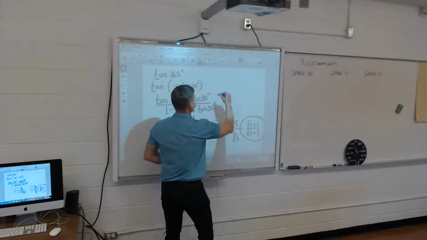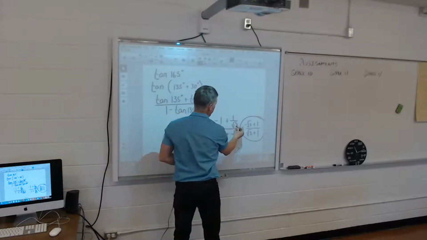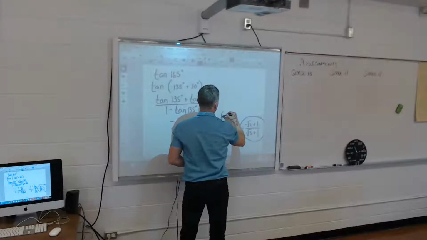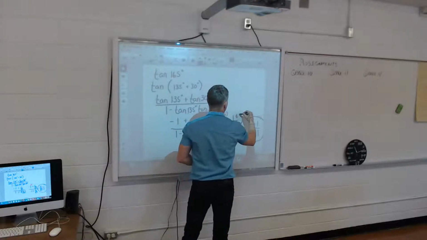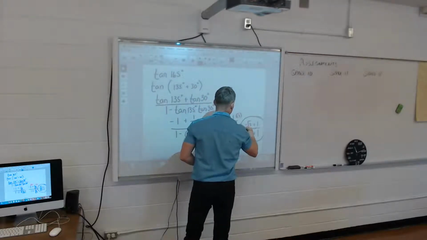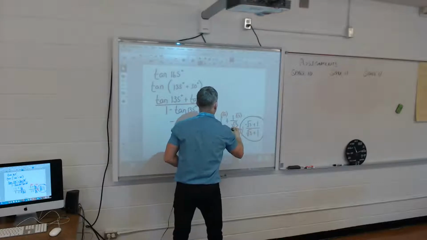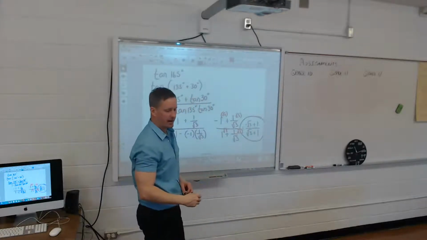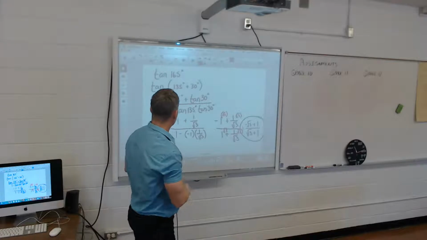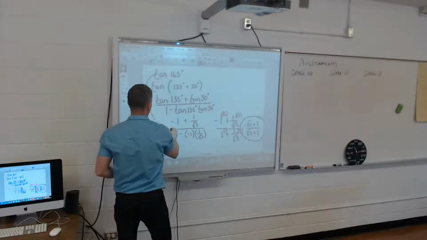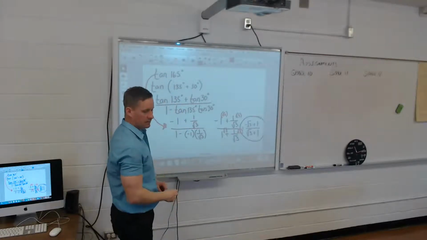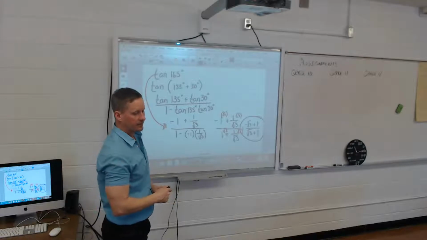So what I did is I multiplied everything by the denominator. So I times this by root 3, this by root 3, this by root 3, and this by root 3. But that's not my focus right now. My focus is, can you go from here to there? That's what we need to focus on.